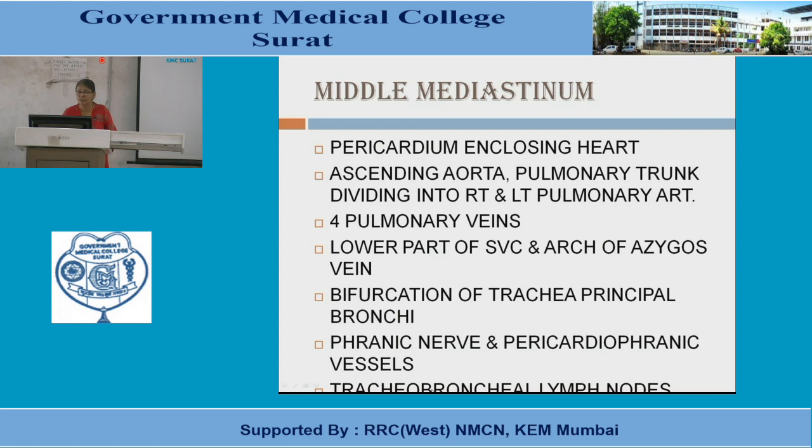And lymph nodes: the tracheobronchial lymph nodes. Lymph nodes are in all the mediastinal parts. The paratracheal and brachiocephalic groups of lymph nodes are in the superior mediastinum, and the tracheobronchial group is in the middle mediastinum. So these are the contents, but the principal content of the middle mediastinum is the pericardium enclosing the heart and all these great vessels.